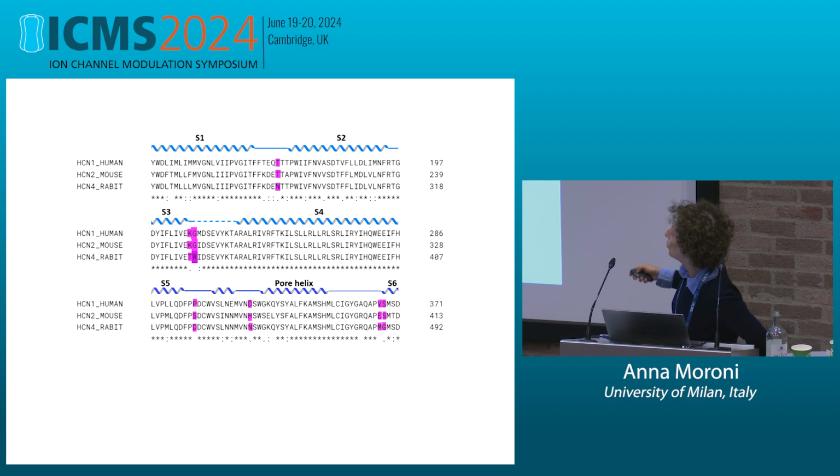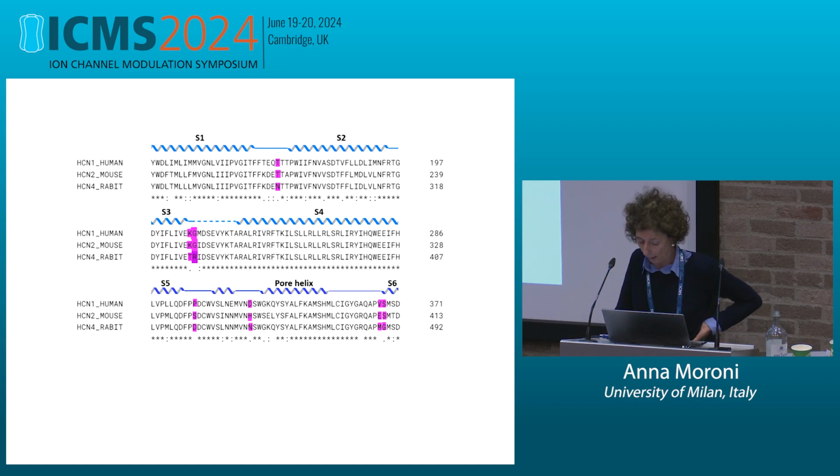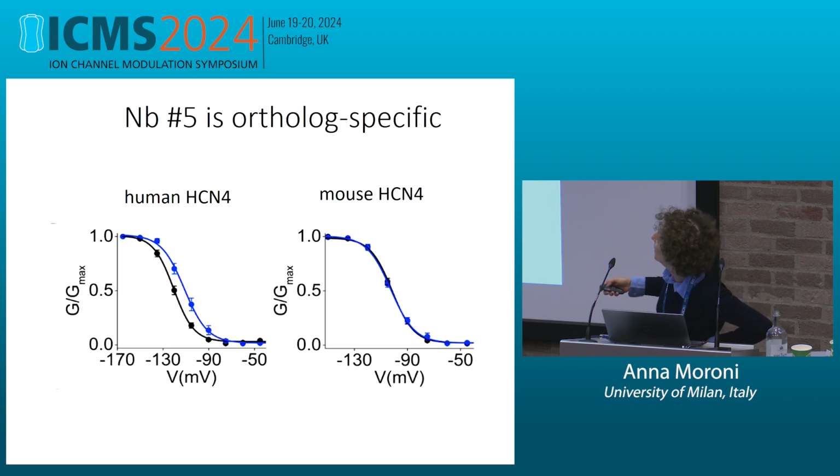So we were not sure which of these extracellular loops was indeed the target of our nanobody. But then we were helped by realizing that the effect of nanobody 5 is also ortholog specific in HCN4. So it's not acting on all HCN4 proteins that we had in the lab. We were testing human, mouse, rat, and others. And we realized, for instance, that nanobody 5 acts on human HCN4, but not on mouse HCN4.